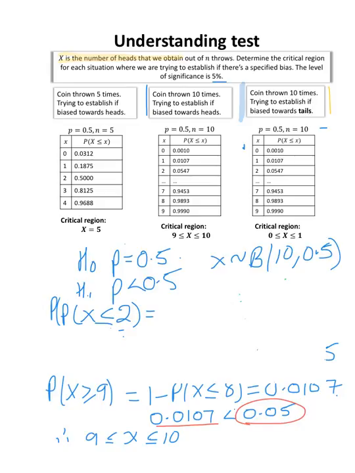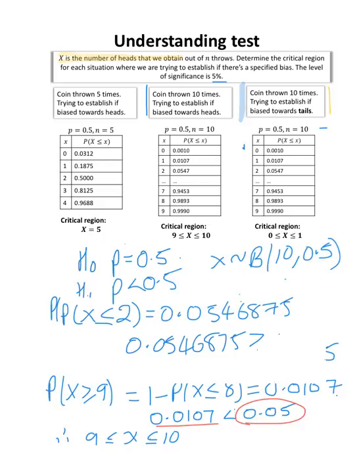When I put this into the calculator, I get a probability of 0.054685, which is greater than 0.05, as we're testing at the 5% level of significance. So it doesn't fall in the critical region. We would still be accepting the null hypothesis.